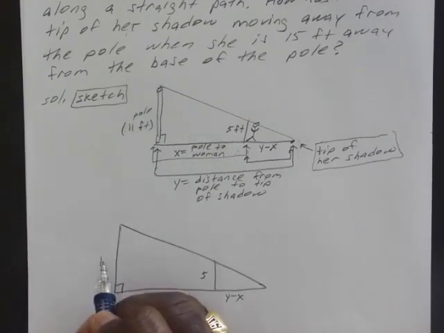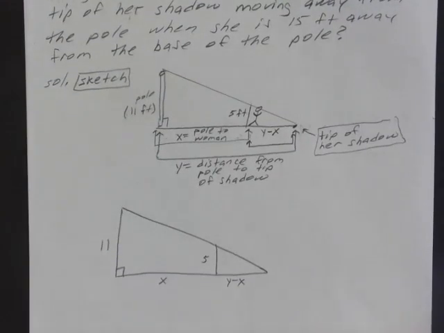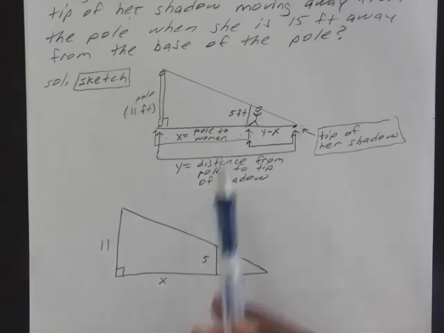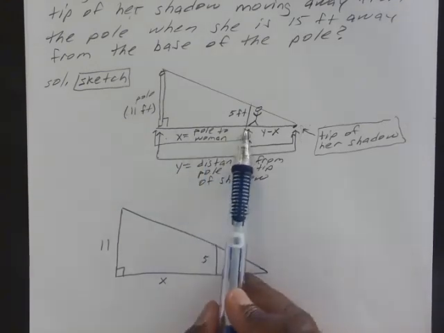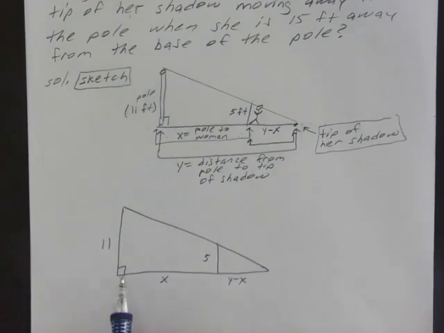Where the pole is with a distance of 11. And since she's walking away from the pole at a rate of 2 feet per second, this x is changing at a rate of 2 feet per second. So the rate of change of x, or the rate of change of her distance from the pole with respect to time, is equal to 2 feet per second.